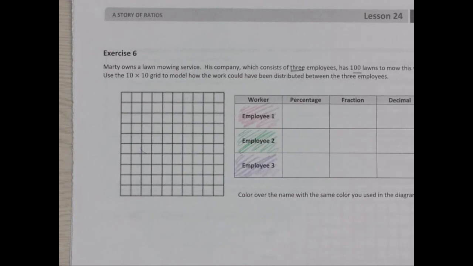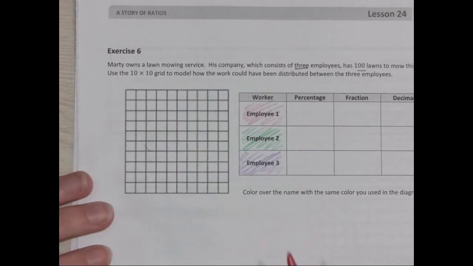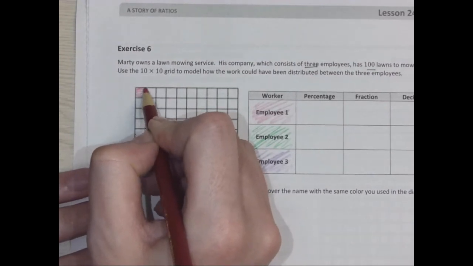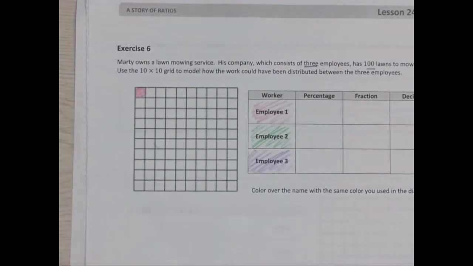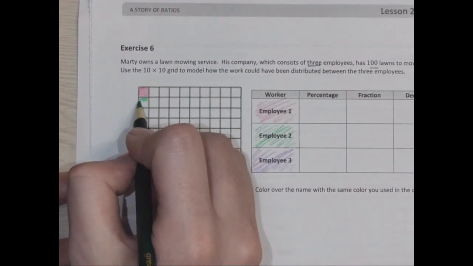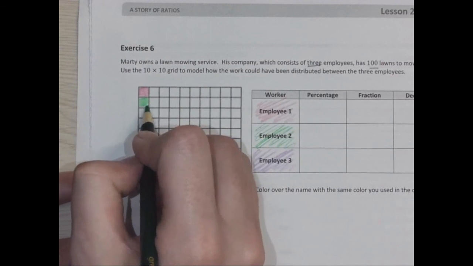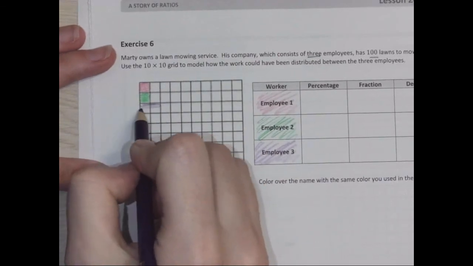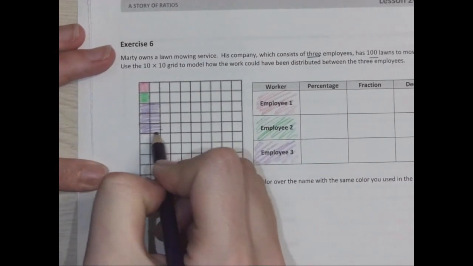About exercise 6. Who wants to share how they split up their work? I like Wesley's. Wesley, how did you split up your work? I gave employee 1 1%. And employee 2? 1%. And employee 3? 98%. Hey, I said any way you want, right?